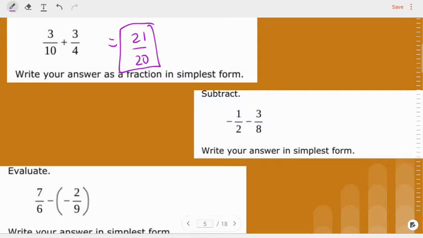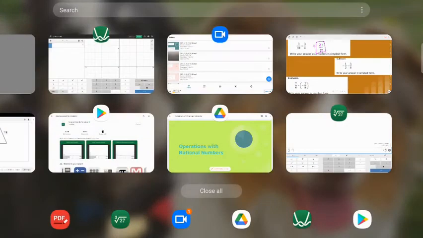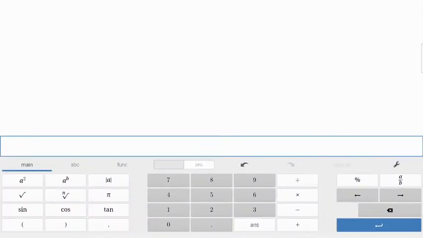All right, my next problem, subtraction. If I go to my calculator, I want to do -1/2 minus 3/8. Clear all, negative. You'll use the minus sign as a negative sign, so it's right down here.